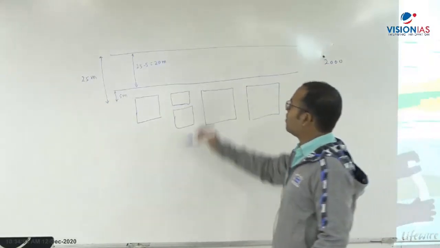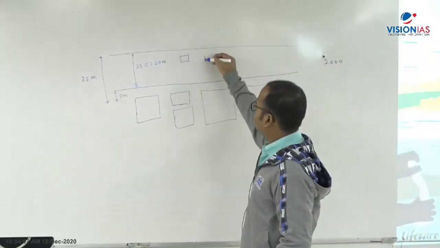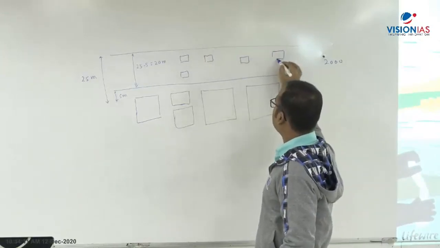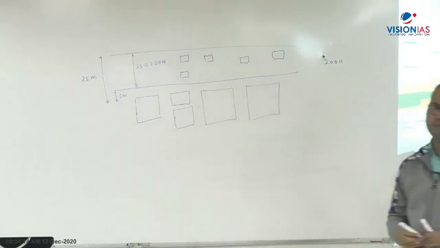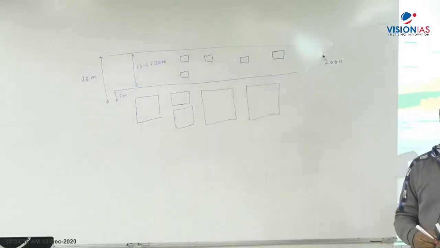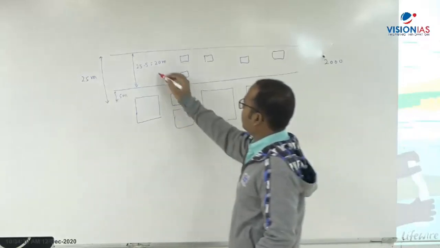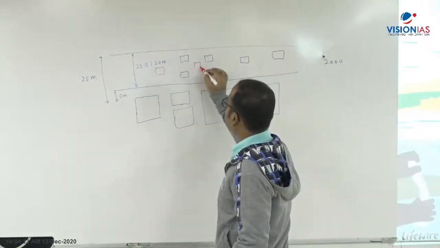So what happened? Vehicles started moving through the road and it was very normal, and it was good for the commuters also and good for the colony people also. Okay, time passed. So with passage of time, people had more capacity to buy.